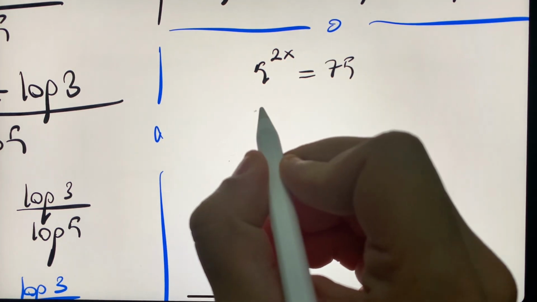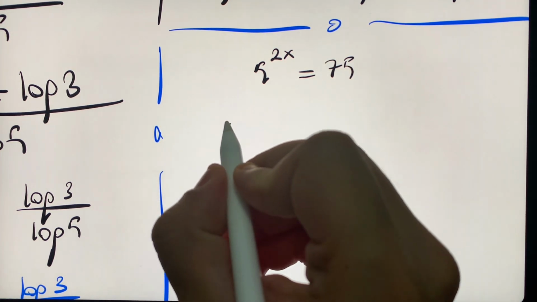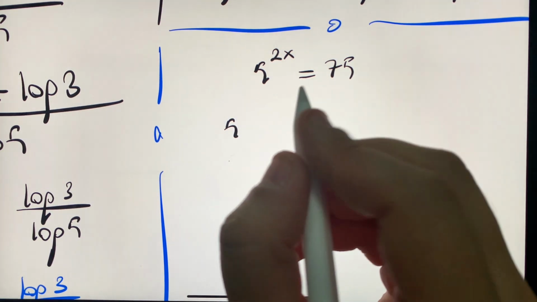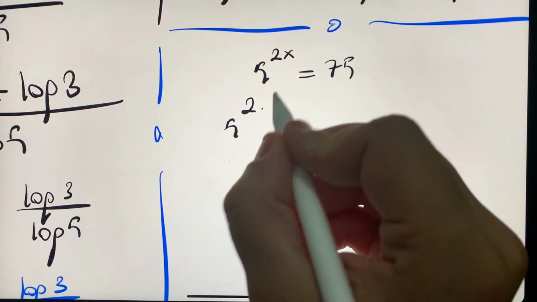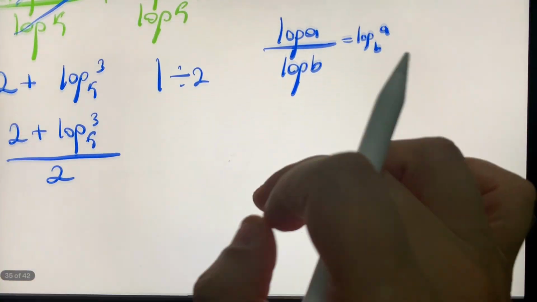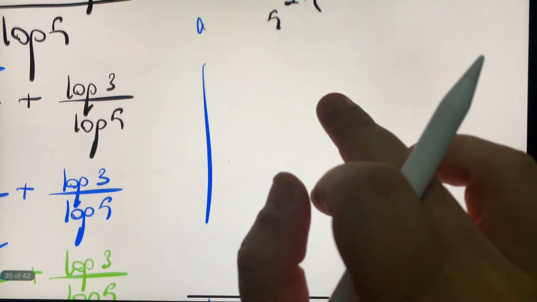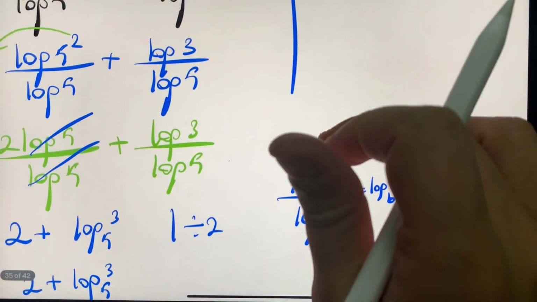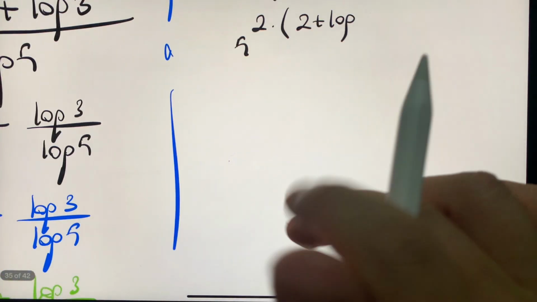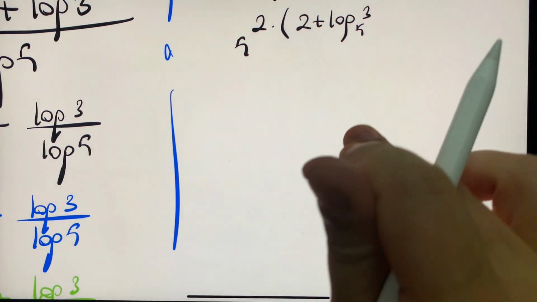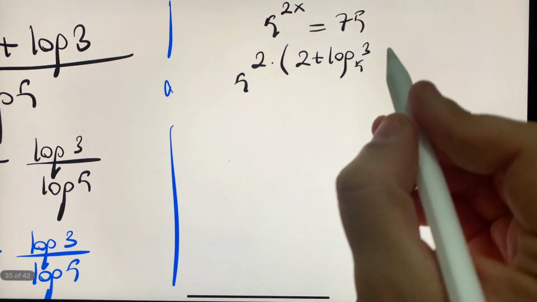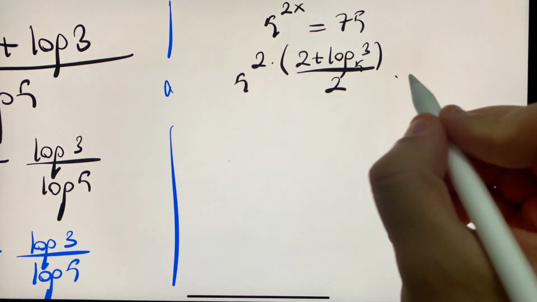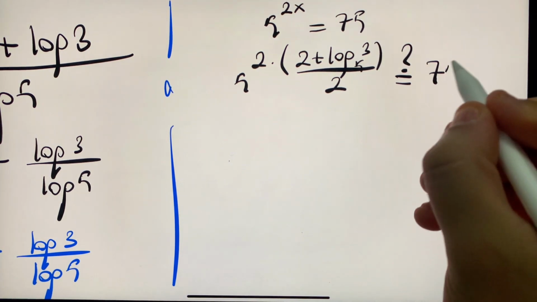Let's try to write the value we found now. 5 to the power of 2 times the solution we found: 2 plus logarithm of 3 in base 5, closed bracket, divided by 2. I'm looking to see if it equals 75.